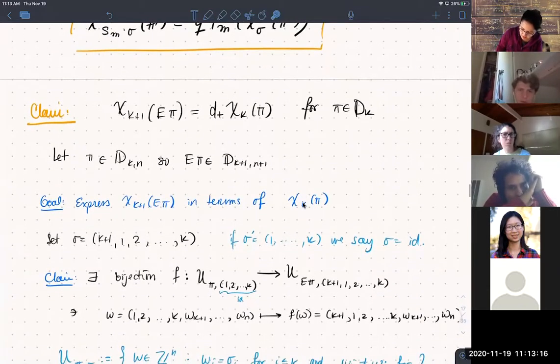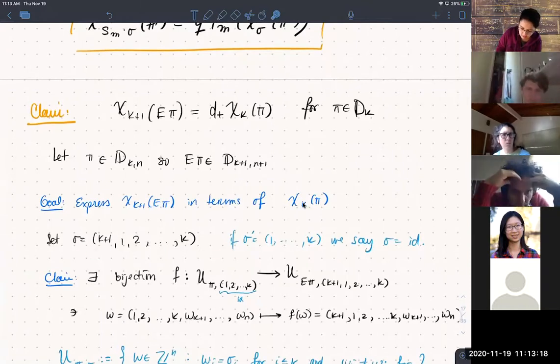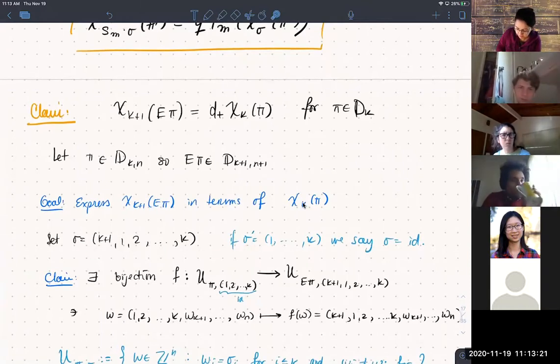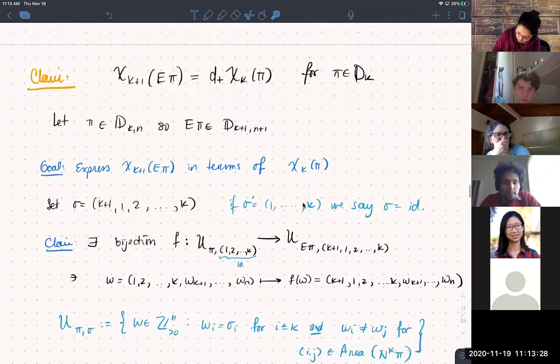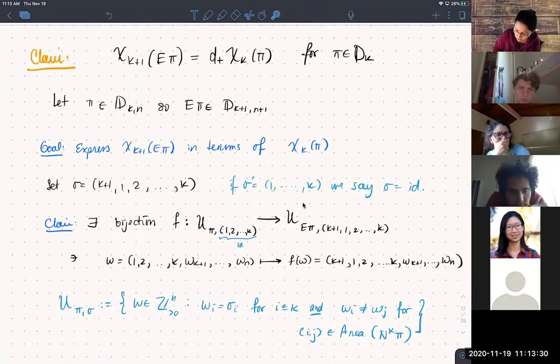So like I was saying, we have sigma and sigma prime. And then the claim is that there's a bijection between these sets U, right, that we had defined before. So just as a reminder, I have it right here in blue, what that U was. So there's a bijection between U, where we set the sigma equal to just this identity, kind of identity permutation, if you want to think of it that way, to U, where instead of pi, we have pi pre-composed with an E step, and then this sigma that we had set here before.